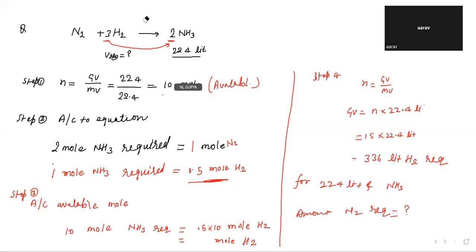So 5 mole means here you need to change. Let us see the value, how much it is coming. You have placed this one 5. So 5 4 ja 20, 5 2 ja 10. That is 112 for 224 liter of NH3.